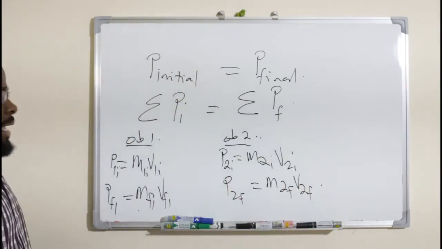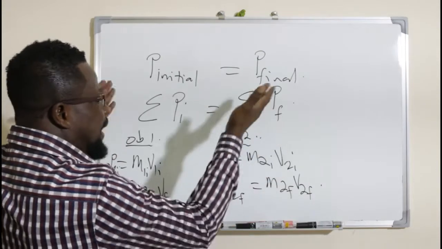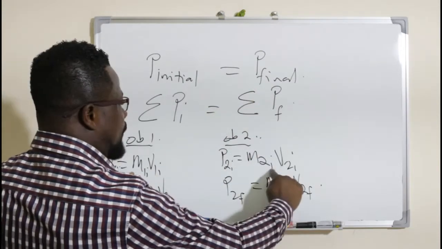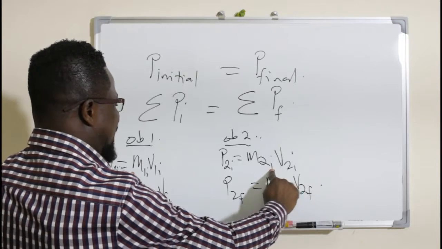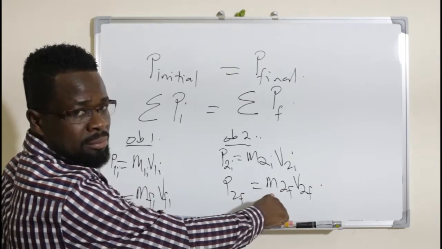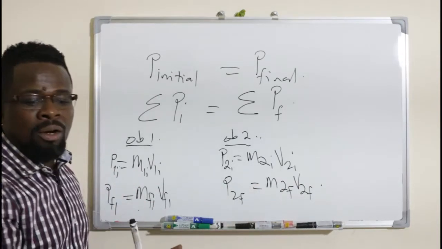If I add the sum of these momentums, the law is saying it must be equal to the sum of the initial momentums. So that is what the law is trying to tell us.